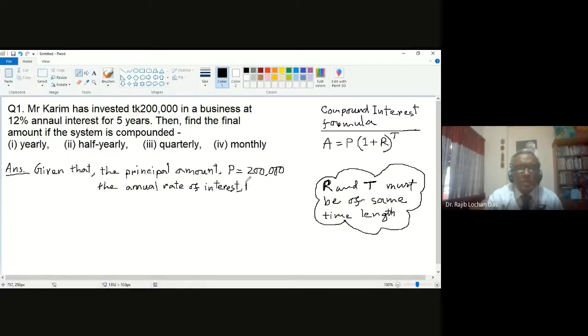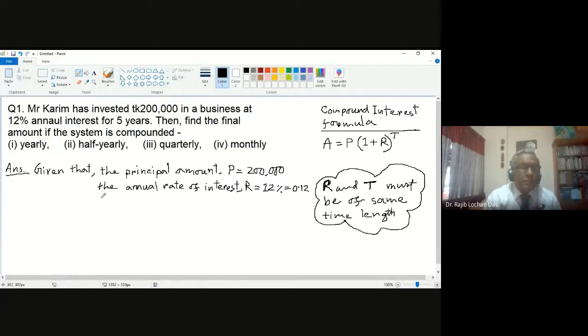You can say R. No problem. This is 12%. So 12% is actually 0.12. So it is 12 by 100. You can write 0.12 or you can write 12 by 100. Both are correct, no problem. So this is also given.